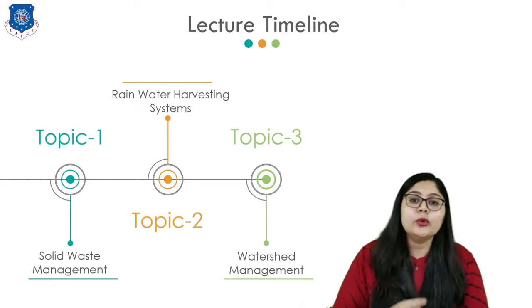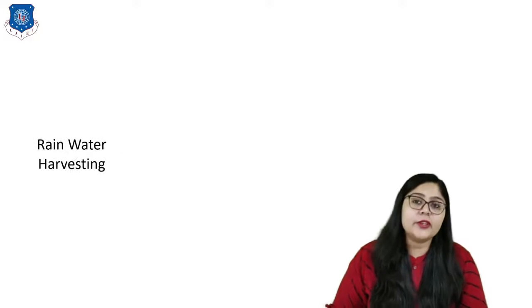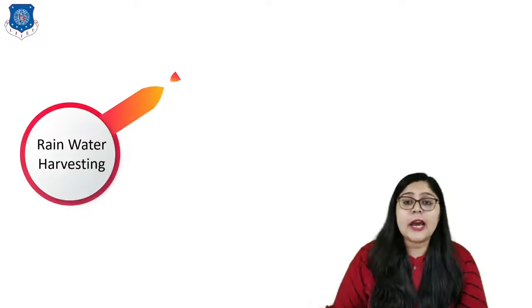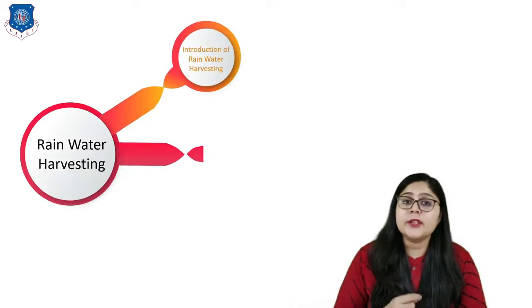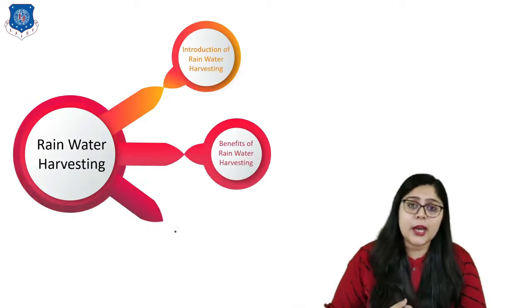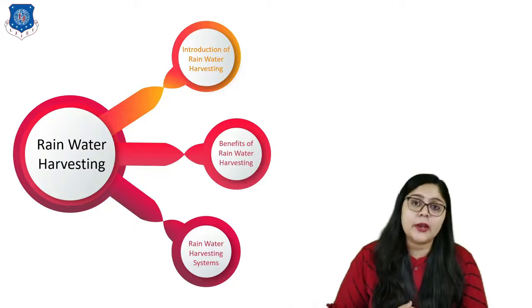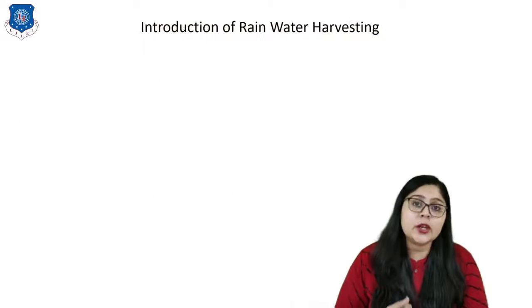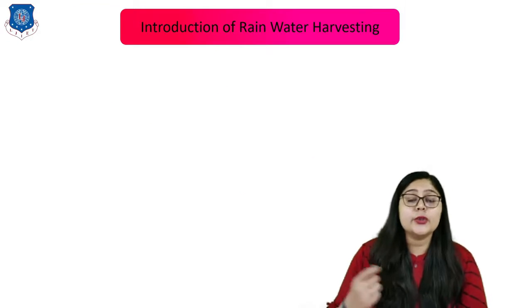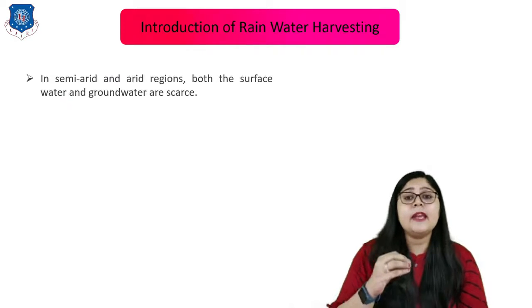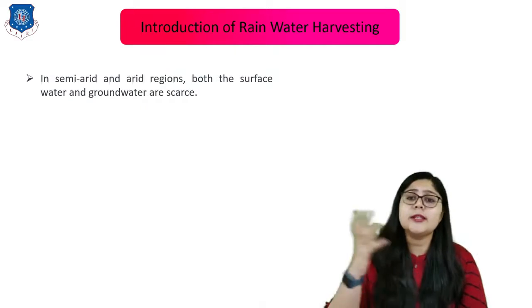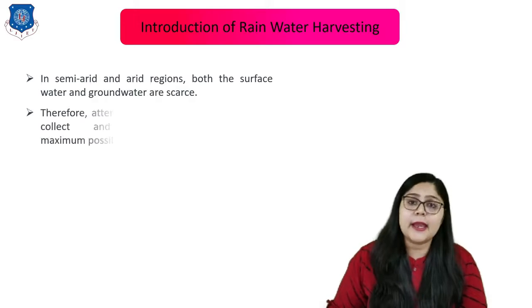Now let us move to the second topic, rainwater harvesting. For rainwater harvesting, the first questions that come to mind are: what is rainwater harvesting, what are the benefits, and what systems are available? Let us see the introduction. In semi-arid and arid regions, both surface water and groundwater are scarce.